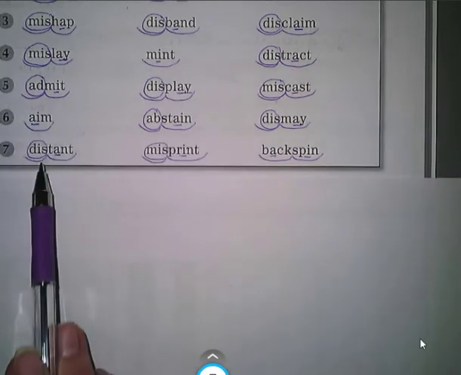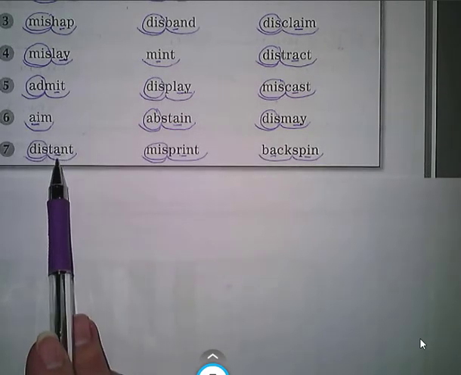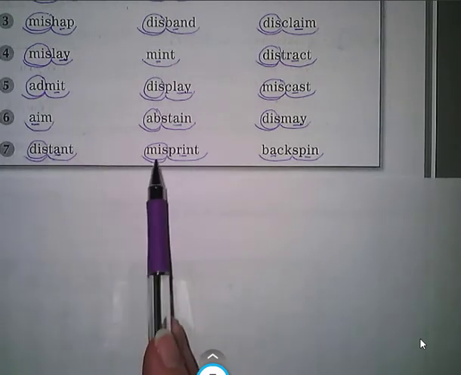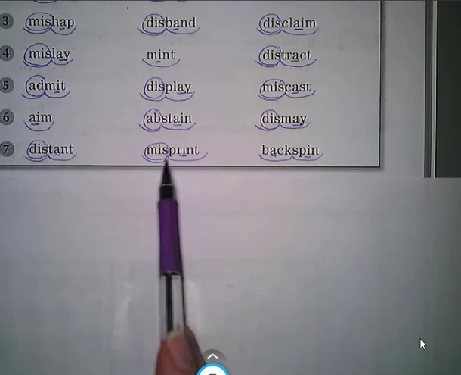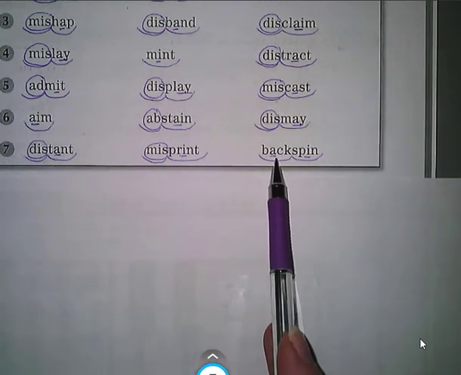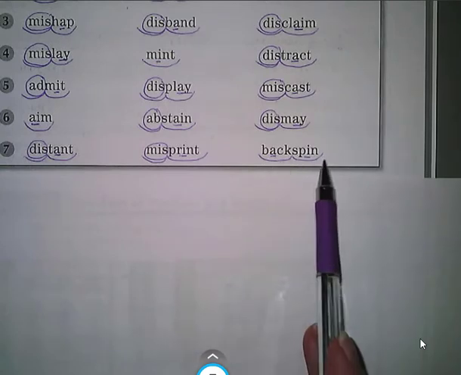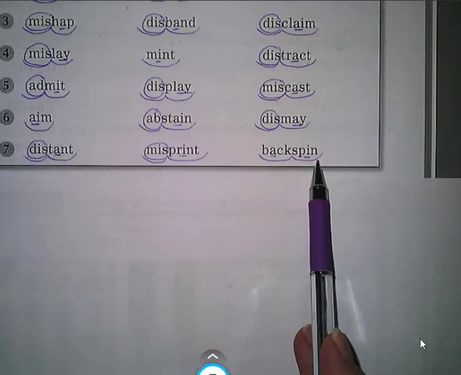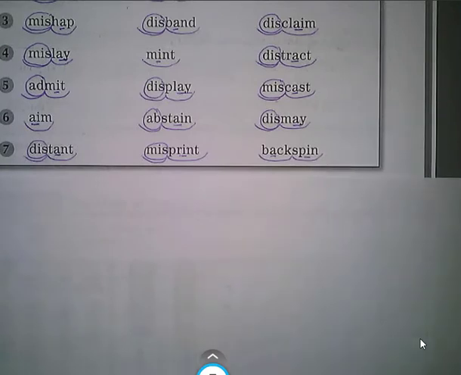Lastly, dis. Vowel sound A. Distant. Prefix miss. Underline the I. Misprint. No prefix. Underline the A. Underline the I. Backspin. Okay, hopefully you did great on those.